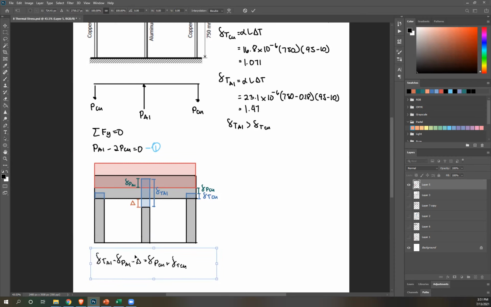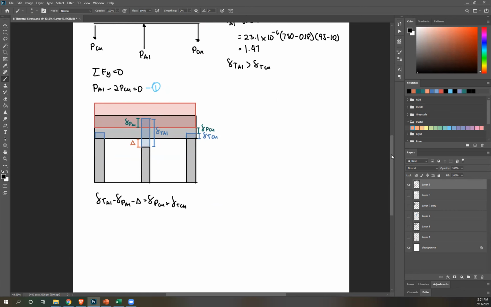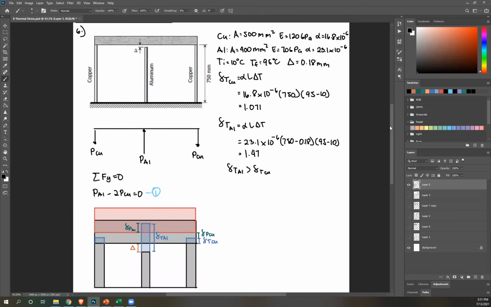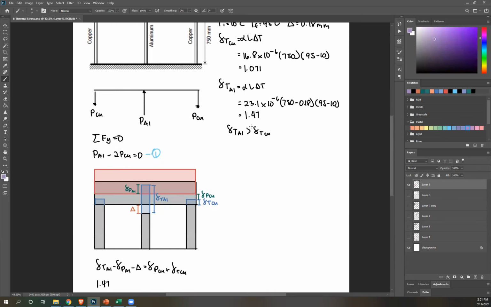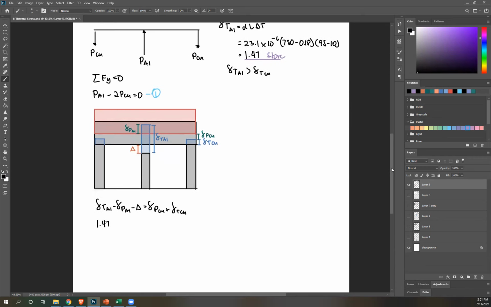So this is sigma TAL. We already know that, it's 1.47. Use the stored value, 1.47 stored. Minus PL over AE, so PAL.